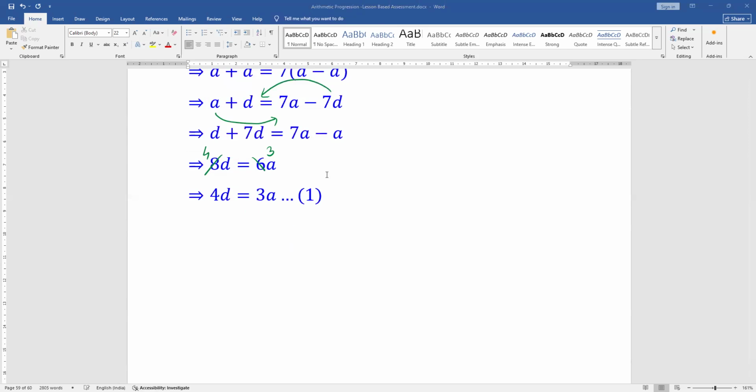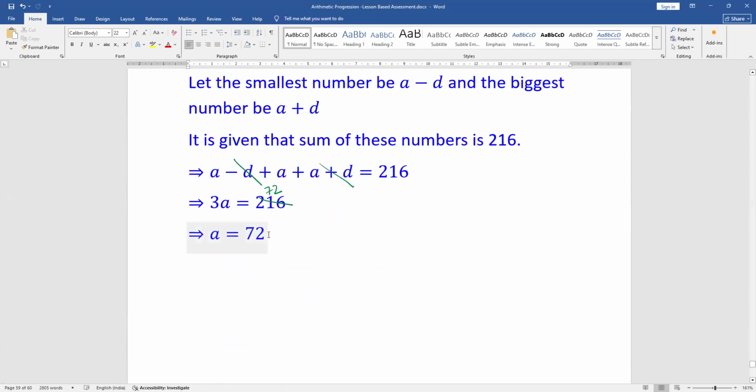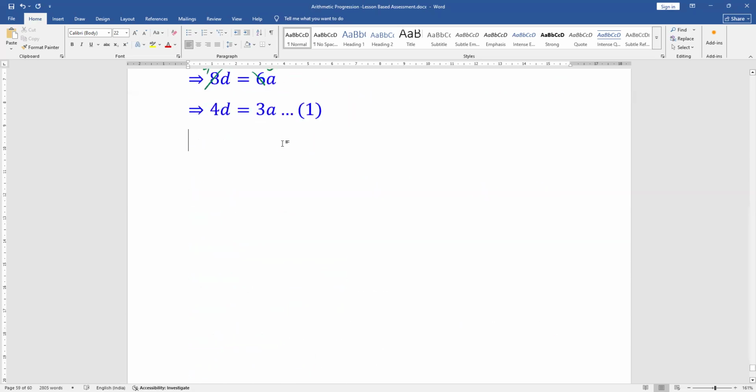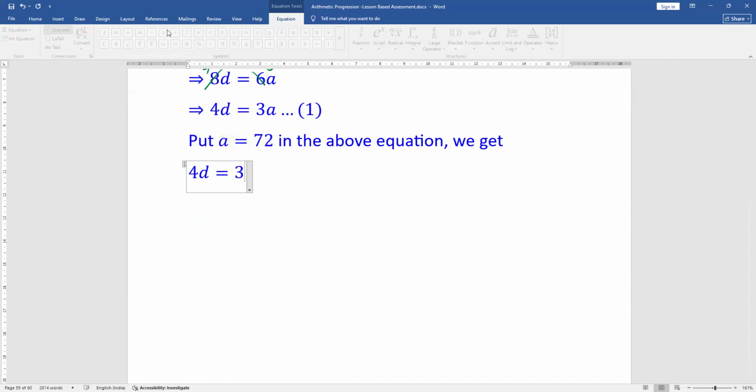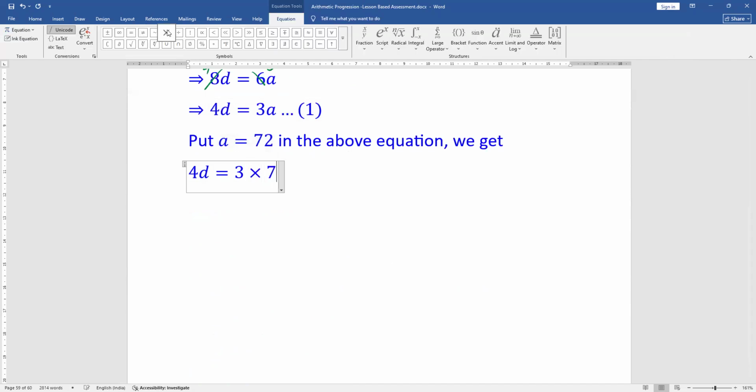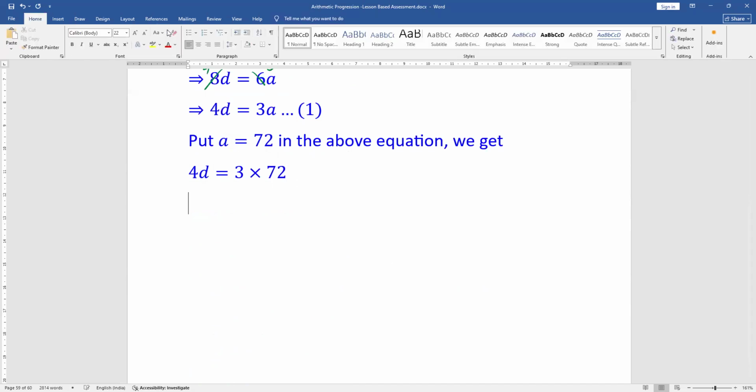Now put a equals 72 in the above equation. We got a equals 72 here, so substitute it in the equation above. Let me write it and show how the substitution is done. So I put a equals 72. When writing, I can use brackets also, or if I want, I can use a multiplication sign with 72. Anything is fine.